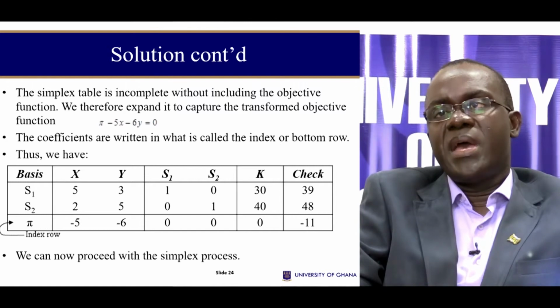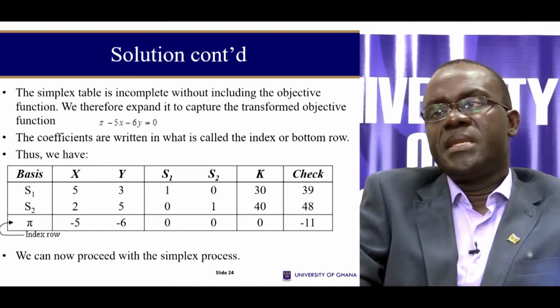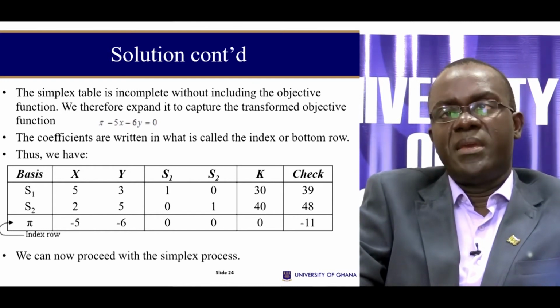What it means is that when we add all what is here, it should be equal to what we have over here, and then we put our negative objective function over here. The difference we have is 11. So the slacks that we are going to add up should all be equal to 11 and should be equal to what we have over here.